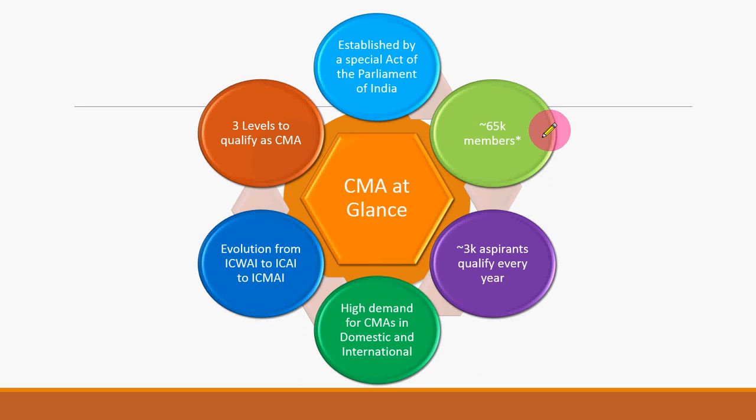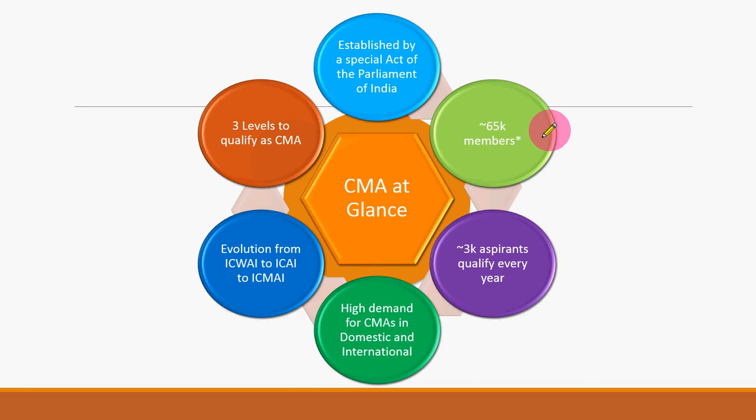We are currently in the process of getting approval for changing our name from ICAI to ICMAI, which creates a standard for our institute. The final point says we have three levels to qualify as a CMA. These are just a few points I wanted to give you at a glance.